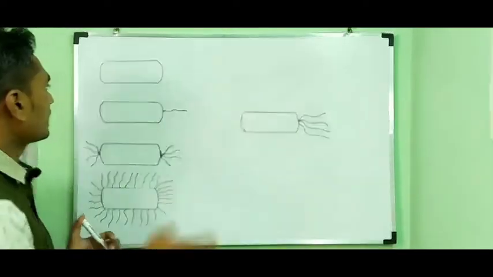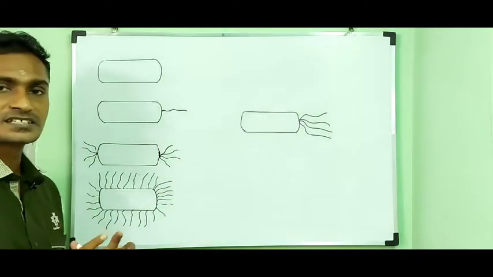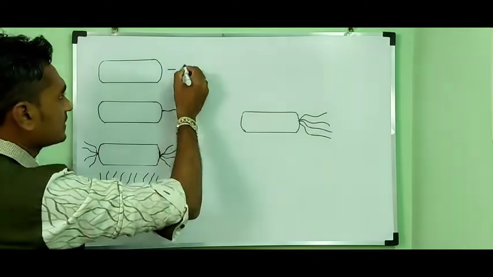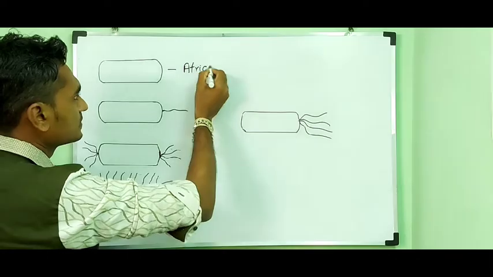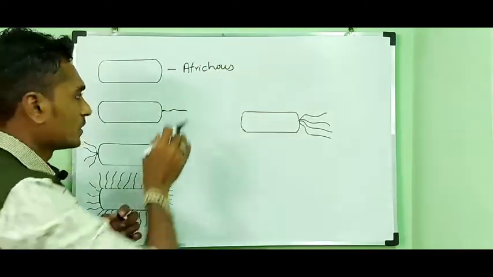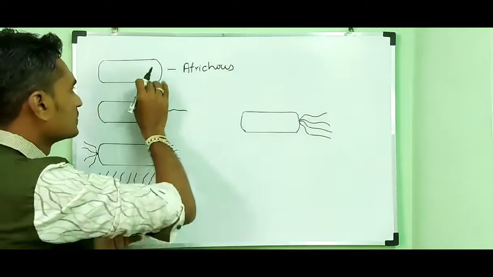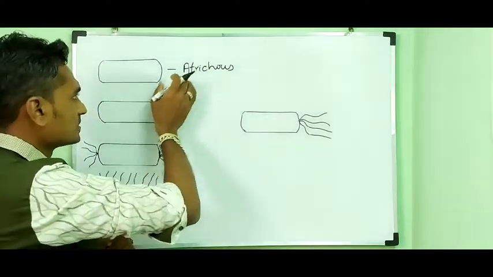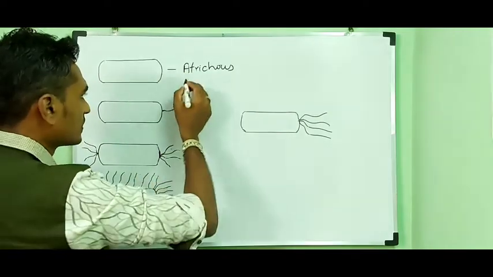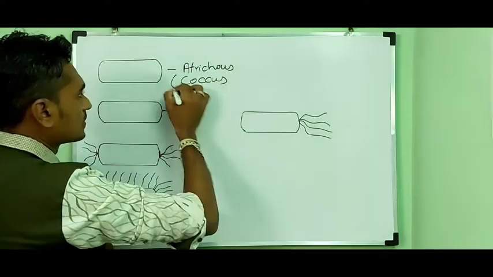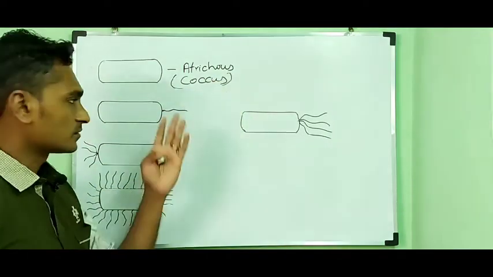If the bacteria do not possess any flagella, that bacteria is called atrichous. A means absence, so absence of flagella. An example for atrichous bacteria is coccus.